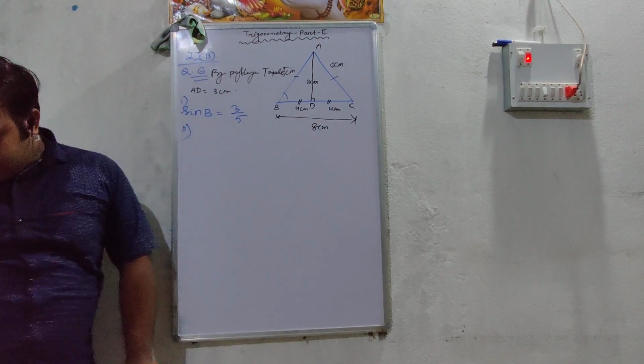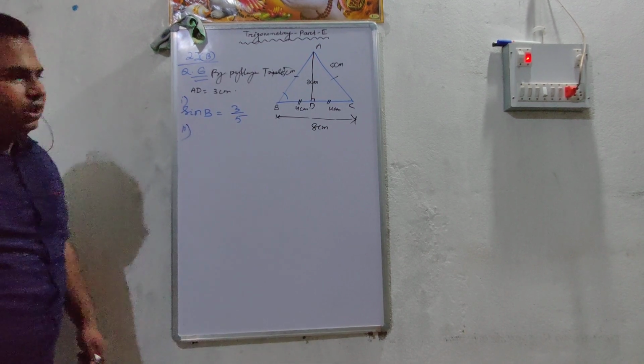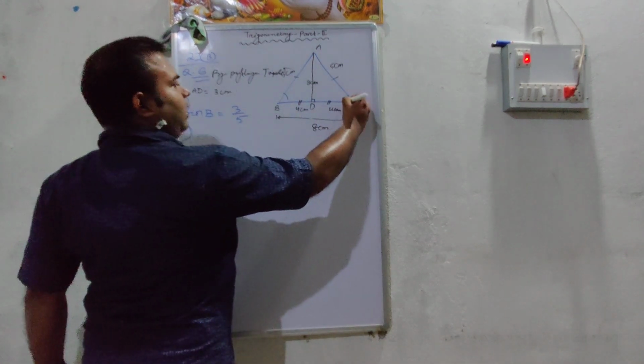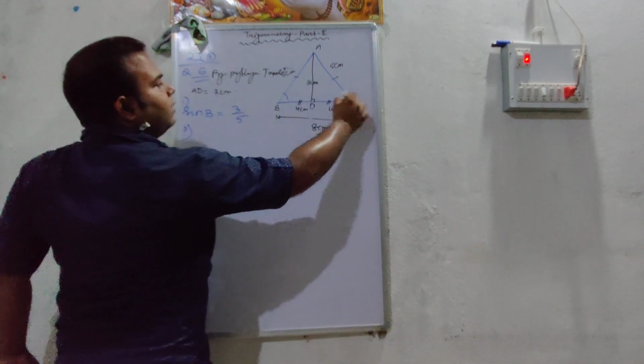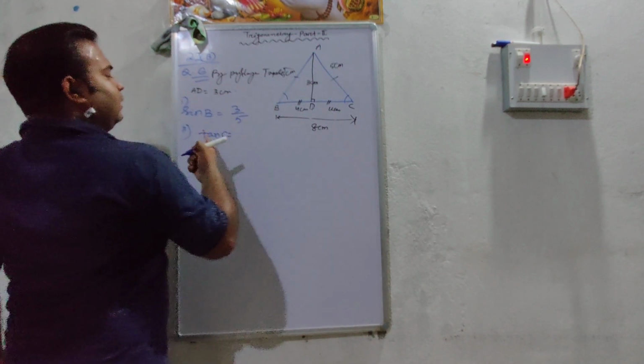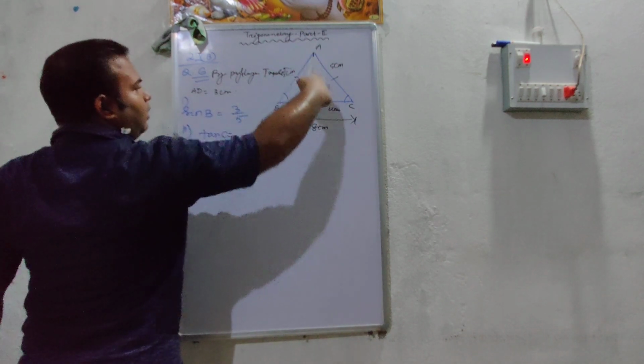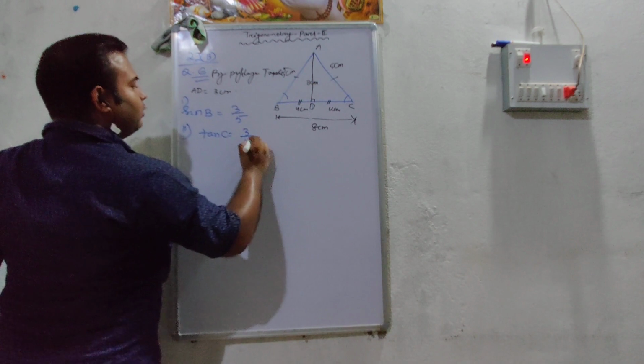Then you have to find the value of tan C. For this angle C, this is base, this is perpendicular. Tan is nothing but perpendicular by base, so 3 by 4.